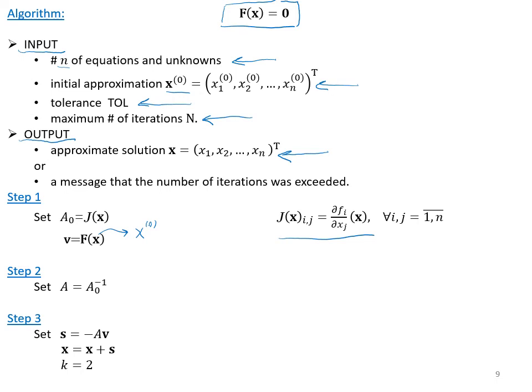Then step 2, we define matrix A as our inverse matrix A at 0 iteration. At this step, you can use any method you know. As an example, Gaussian elimination.